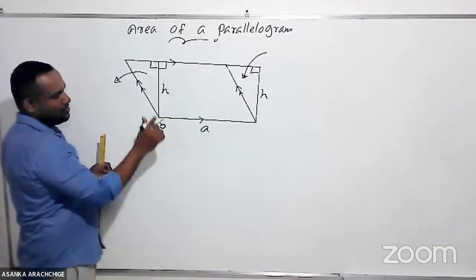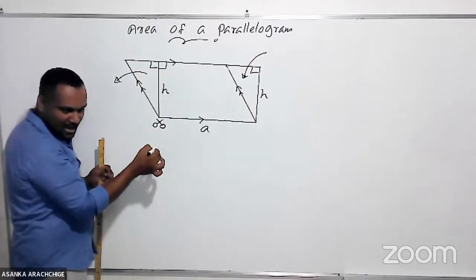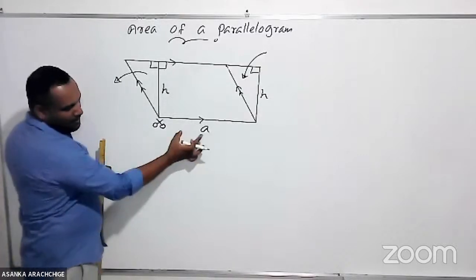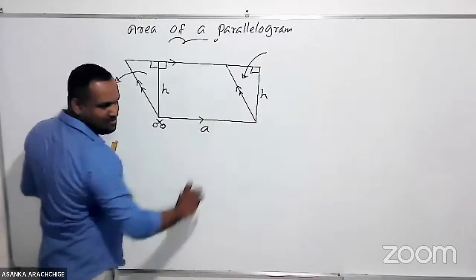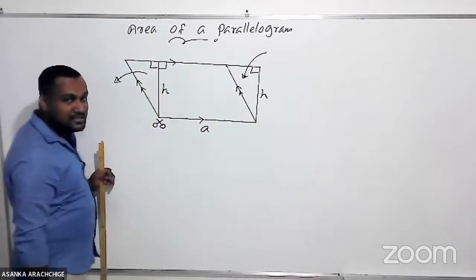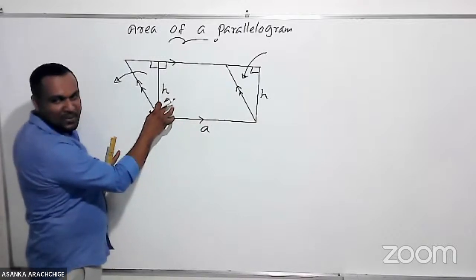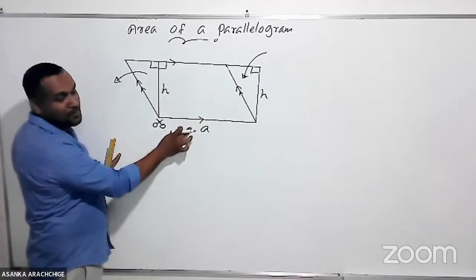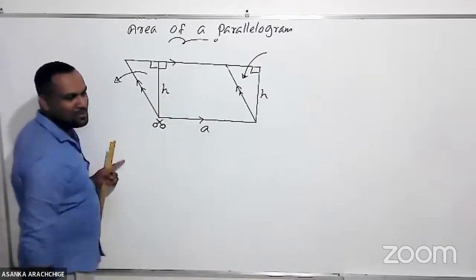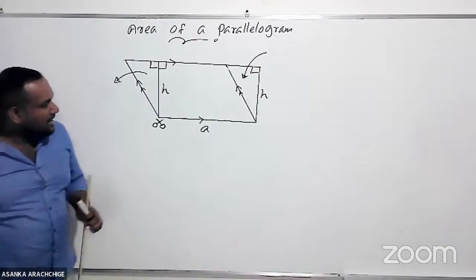H. Therefore, area of the parallelogram can be obtained by the product of length and breadth. In the original parallelogram, what is that? Length of a side A, and H is the perpendicular distance from that side to its opposite side. Understood?